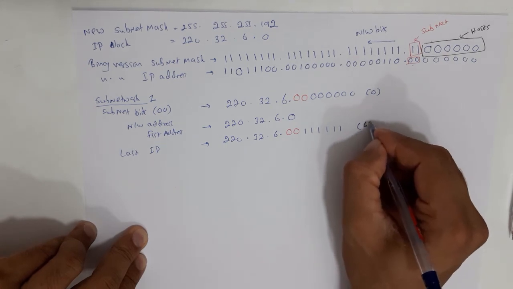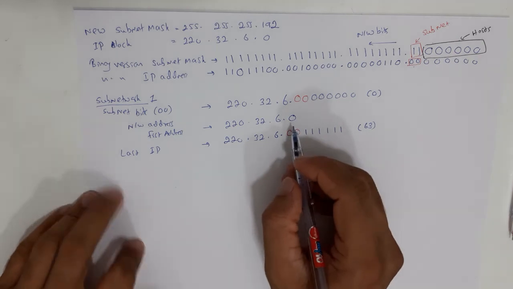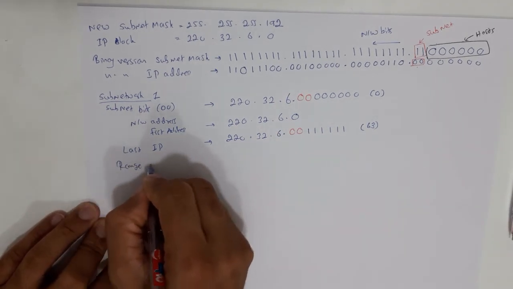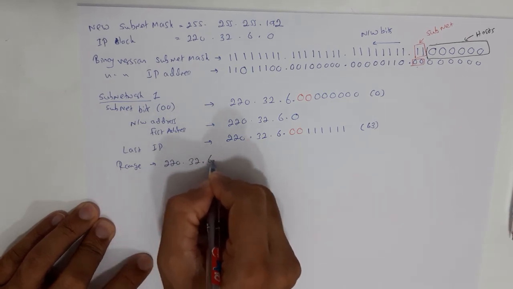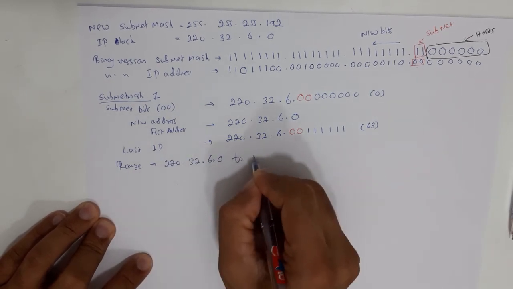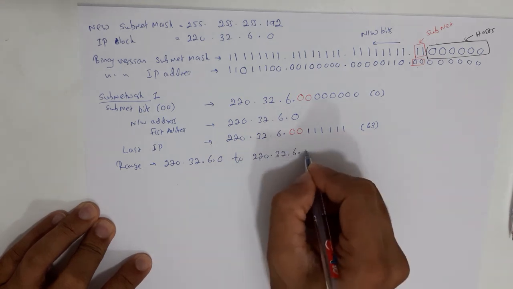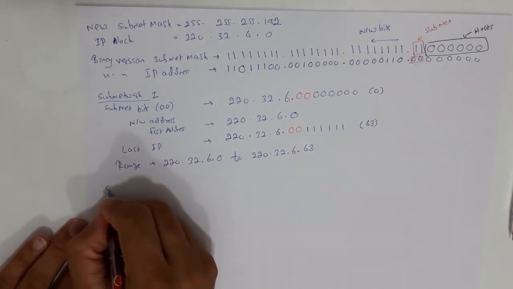So this is 63. So this is the IP address range for the first subnetwork. The range comes like 220.32.6.0 to 220.32.6.63.